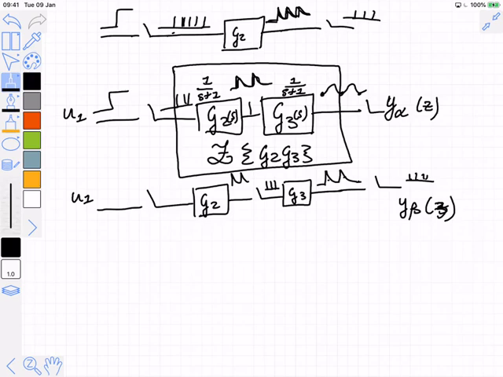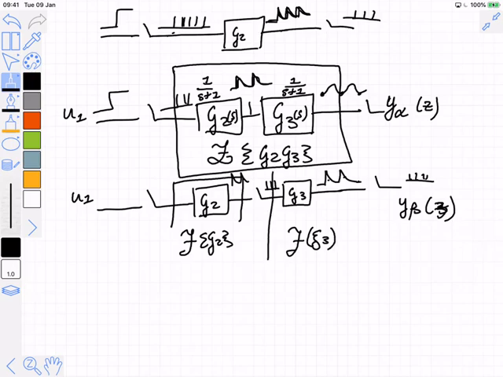Where in the second case, it is possible for me to calculate the relationship using the Z transform of G2 only and the Z transform of G3 only to handle each of these relationships.